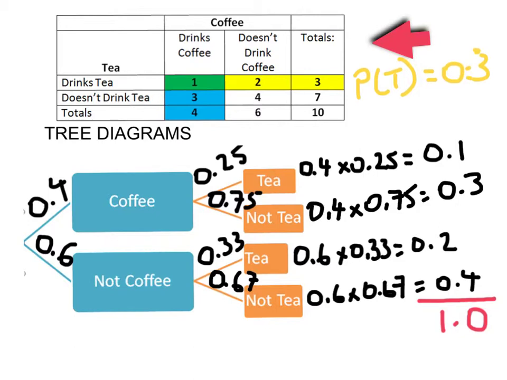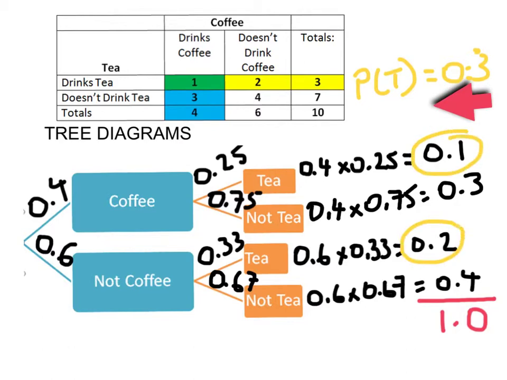You will notice from our tree diagram that regardless of whether they liked coffee or did not like coffee, we have 0.1, or one person here who likes tea, and we have this 0.2 here that also likes tea. So from this tree diagram we can actually add up this 0.1 plus this 0.2, to come back to our probability of drinking tea, to come back to this figure here.